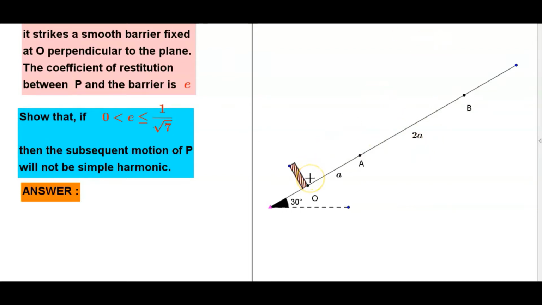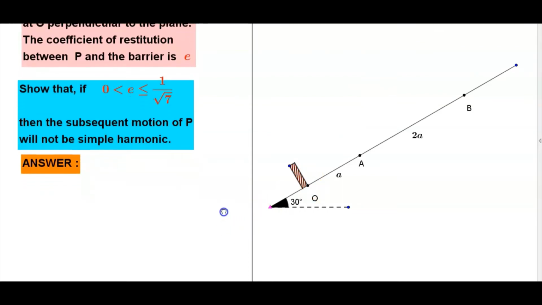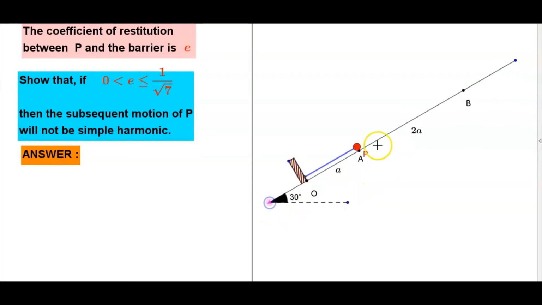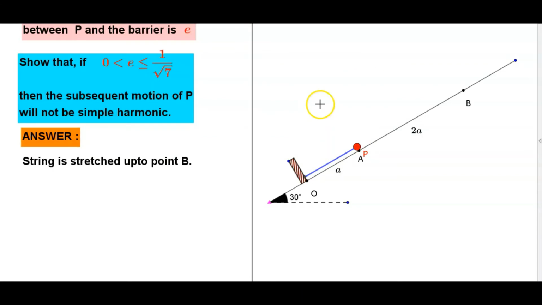This is the fixed barrier at point O. The particle is tied to a string of natural length a. Here the string gets taut. The string is stretched up to point B.